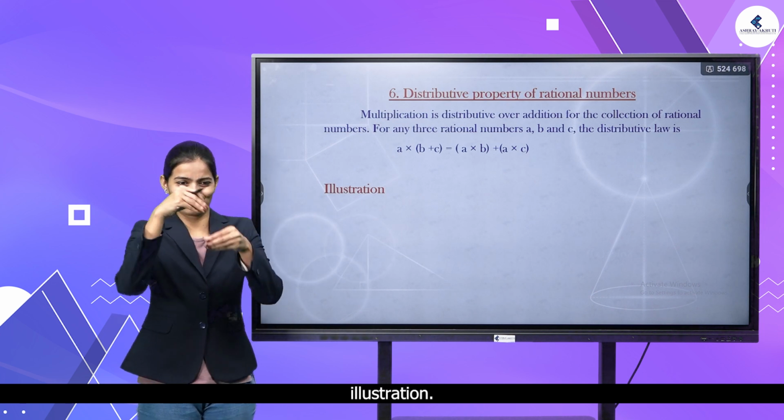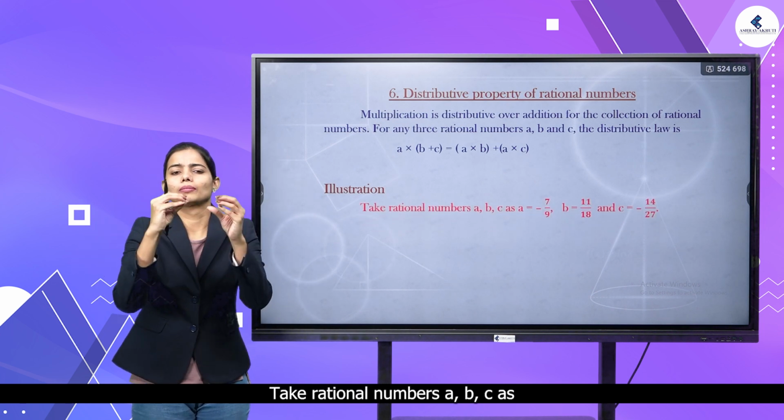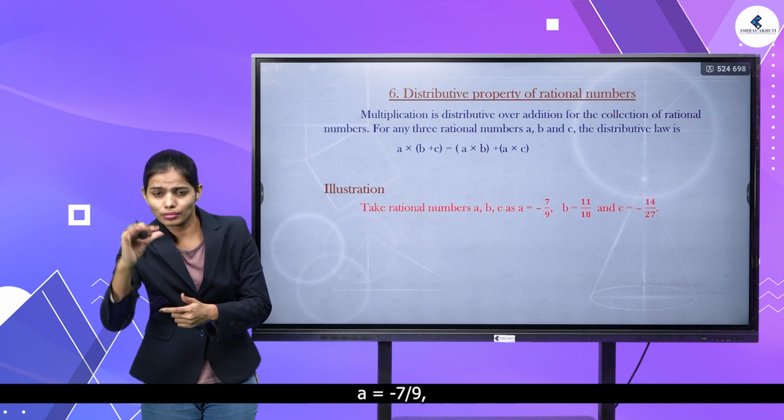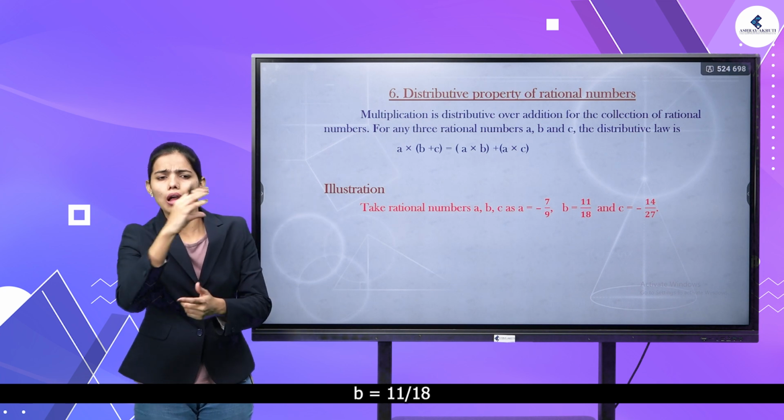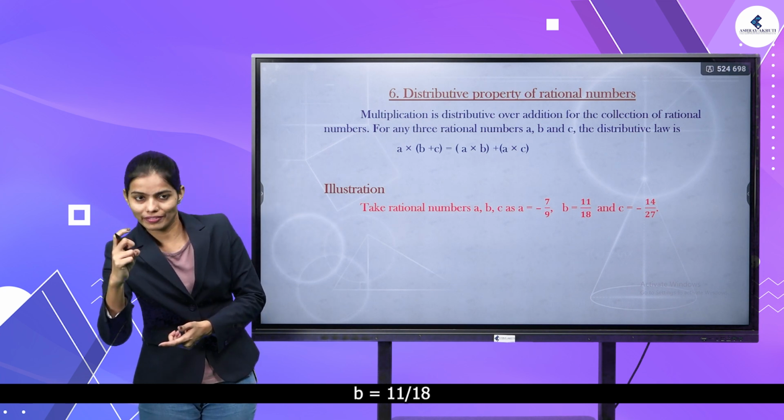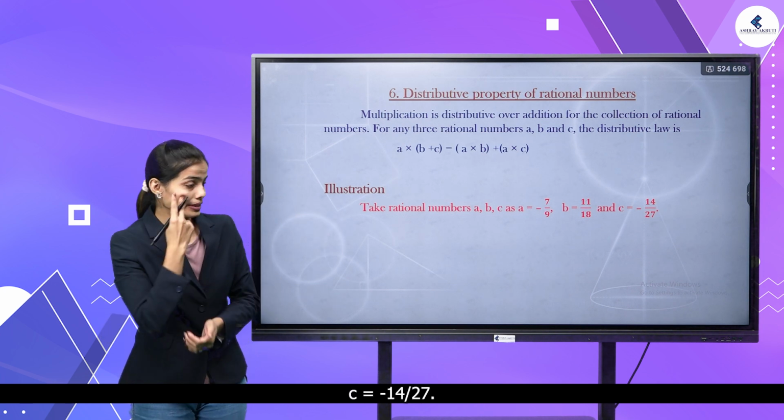Illustration. Take rational numbers a, b, c as a is equal to minus 7 by 9, b is equal to 11 by 18, c is equal to minus 14 by 27.